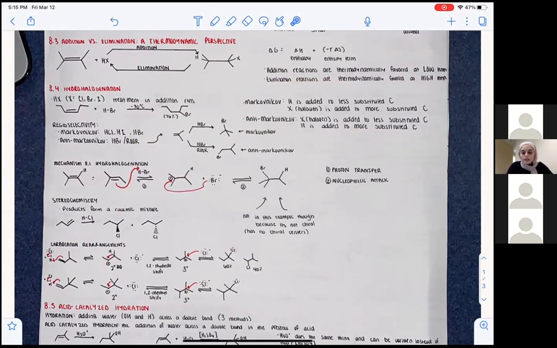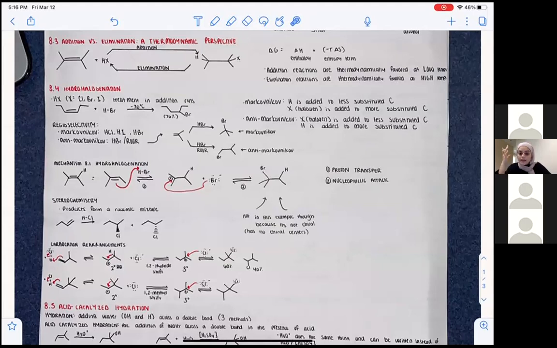Markovnikov is adding the H to the less substituted carbon, and the halogen, or the other half of it, to the more substituted carbon. Anti-Markovnikov is when the halogen is added to the less substituted carbon and the H is added to the more substituted carbon. But that's usually not as stable, so that's why a lot of these reactions will be Markovnikov.